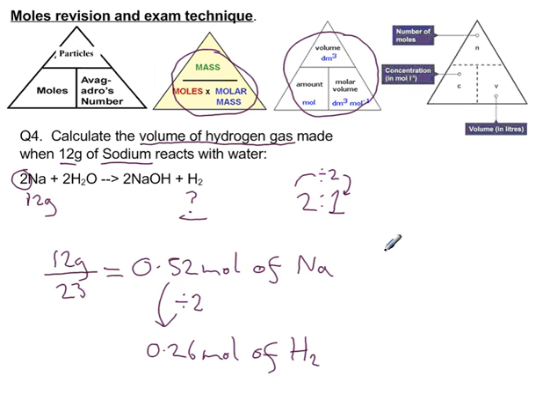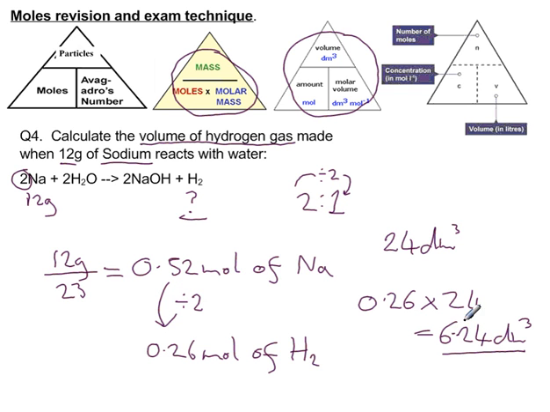Now the molar volume, remember, is the volume of any gas at room temperature and pressure, which is 24 litres. So to work out the volume of hydrogen gas made, we'll get the number of moles and multiply that by 24. The final answer is 6.24 litres.